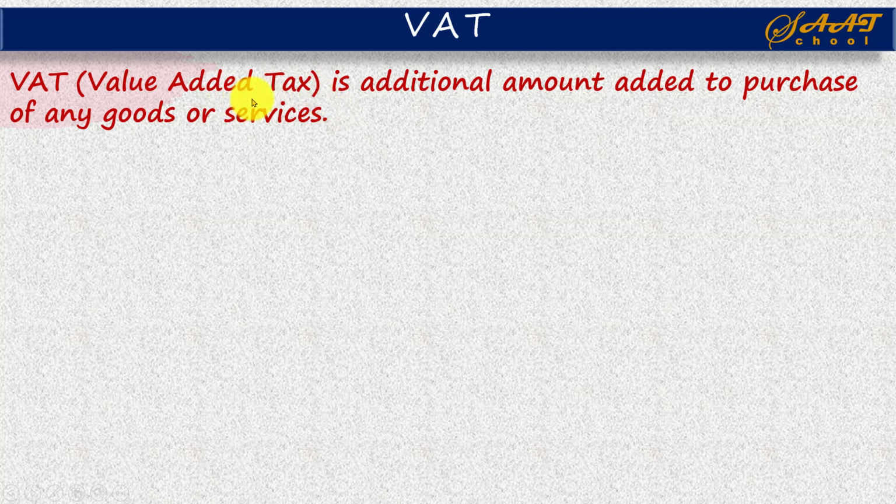It is an added tax when you purchase any goods or service. So that is a value added tax. A tax which is added when you buy any goods and service. So VAT is an additional amount added to any purchase of goods and services.